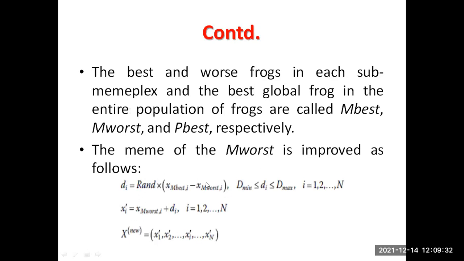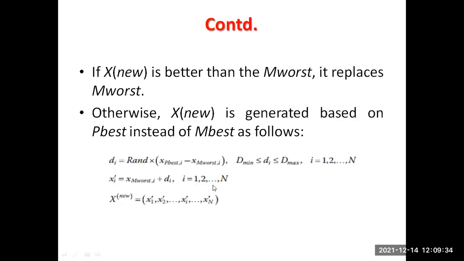So the worst frog within that particular colony has been given the chance to improve. Now, if it is found that the worst frog has really improved its performance, then we will replace that particular frog m worst by the new one. That means m worst will be deleted and x new will take the position.